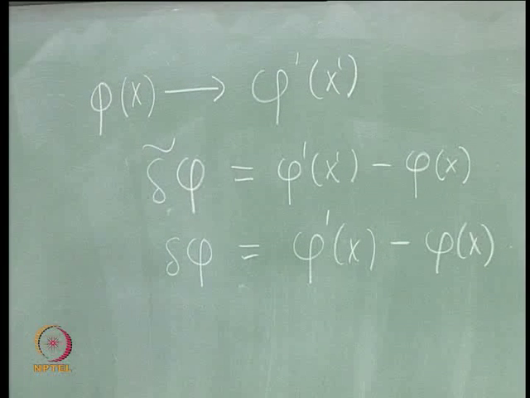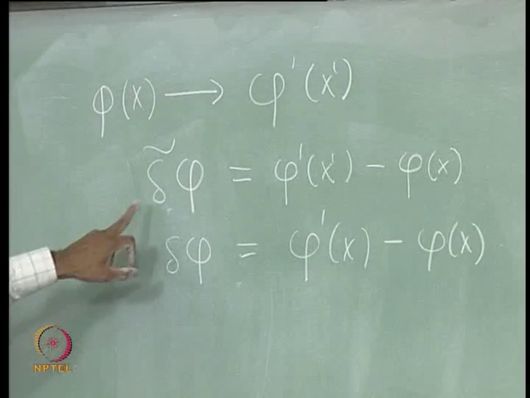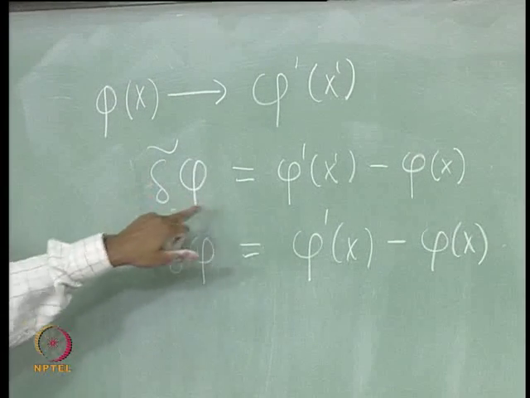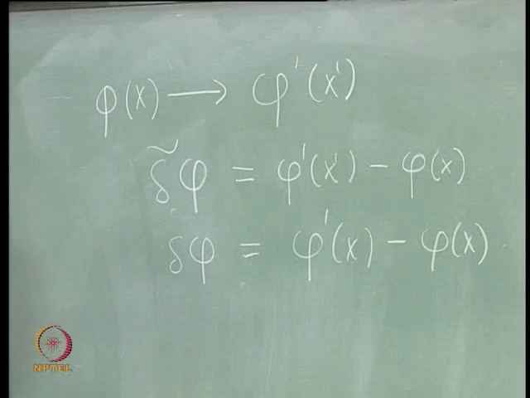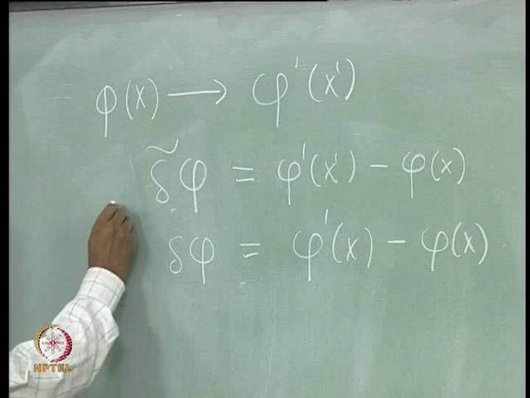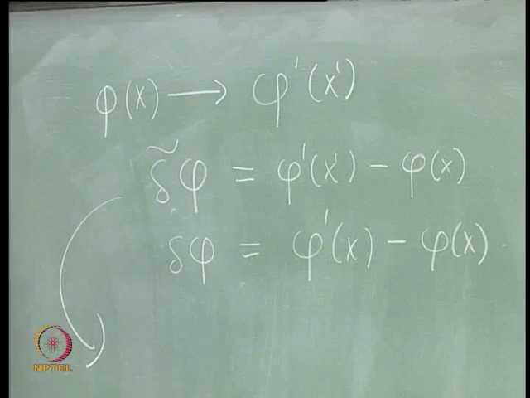We need to keep in mind that in this case we have to require the action to be invariant. It is not sufficient to consider the invariance of the Lagrangian only if the argument of the fields also gets transformed. Let us rewrite this variation delta tilde of phi in a way which we will need for later purpose.